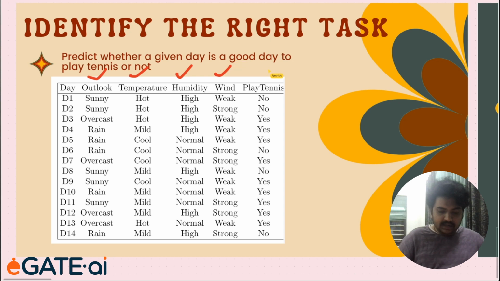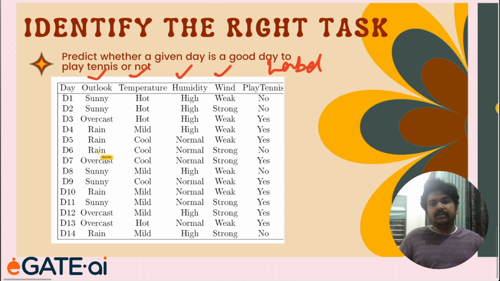And this is the label that tells whether we need to play tennis on that day or not. Outlook has three possible values: sunny, overcast, and rain. Temperature also has three possible values: hot, mild, and cool. Similarly for other features as well.